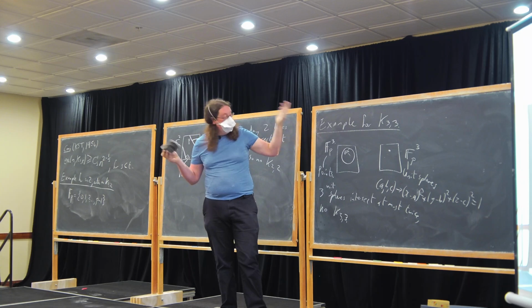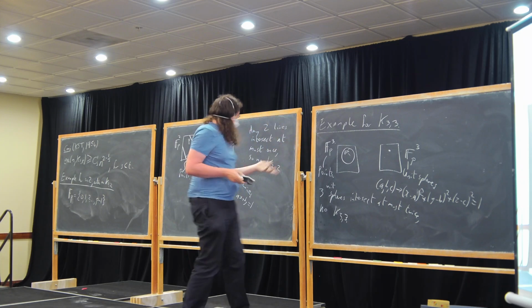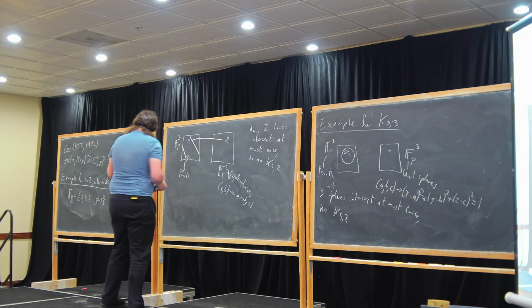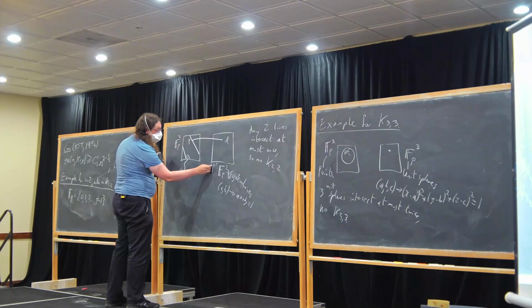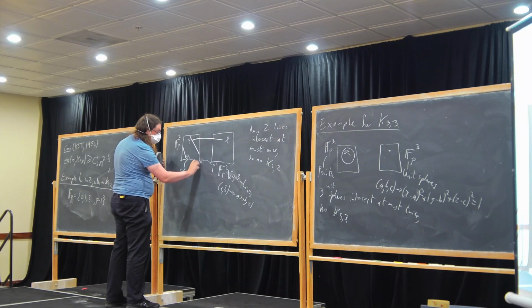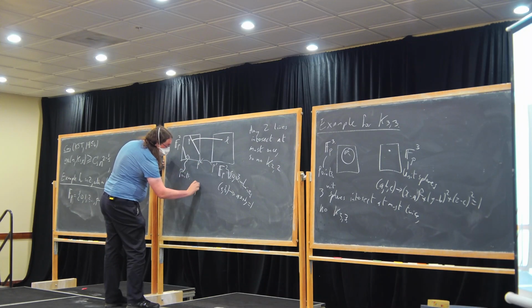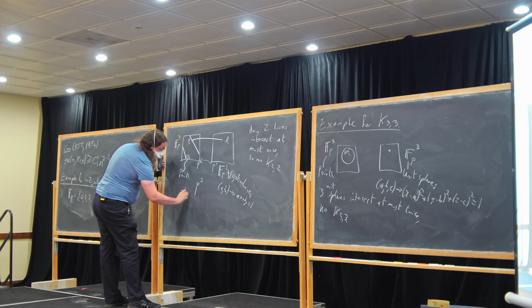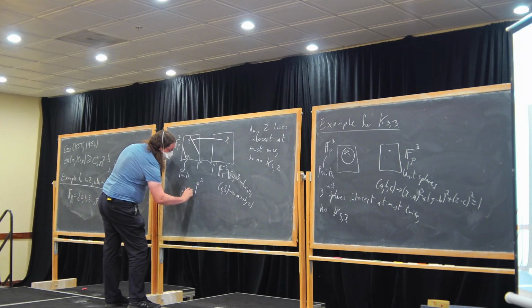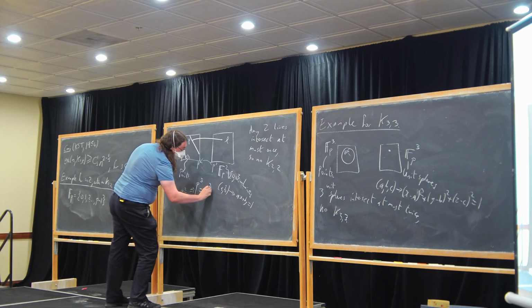So there's no K33. The thing I should say for each of these is that the number of points is correct. So over here, the number of possible edges, well, every one of the p squared points here has all of the things on a line over here, so it's connected to p things. So you get p cubed edges, but p squared is equal to n, so this thing is n to the 3 halves.